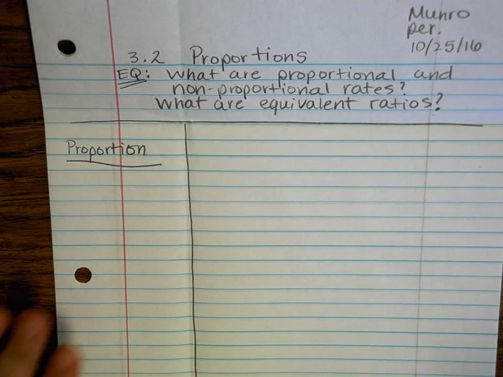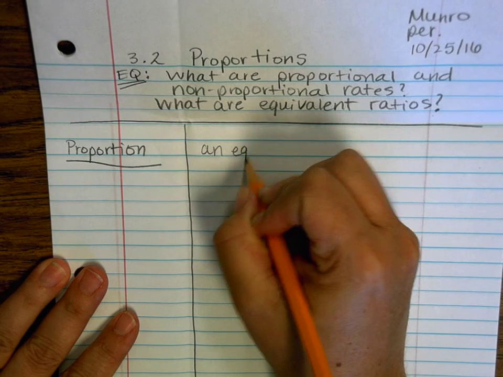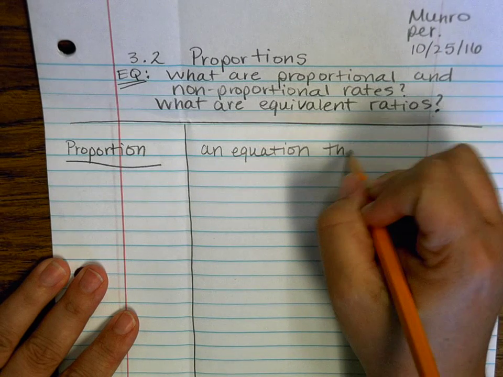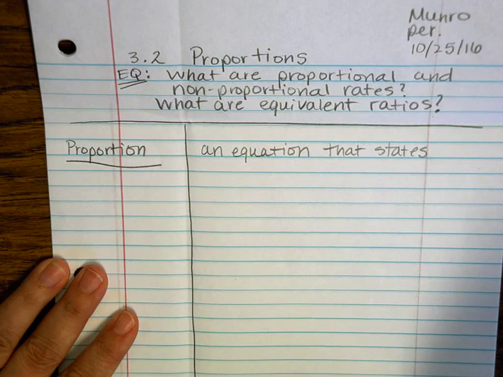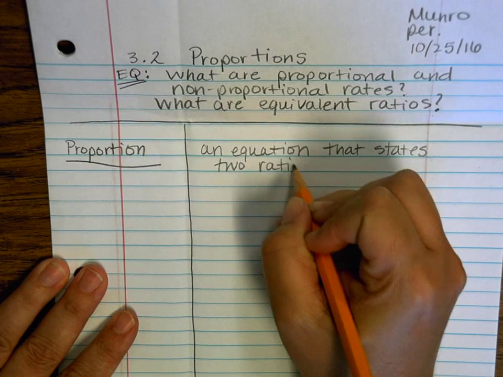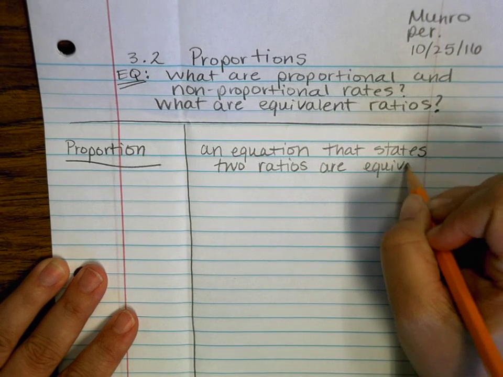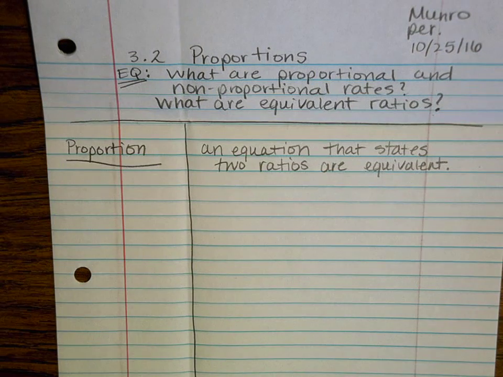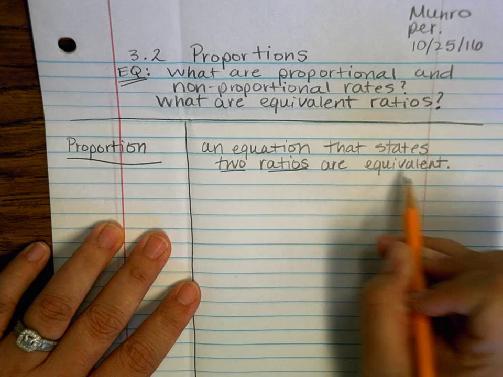A proportion is an equation that states two ratios are equivalent. I'm going to underline two ratios and equivalent.